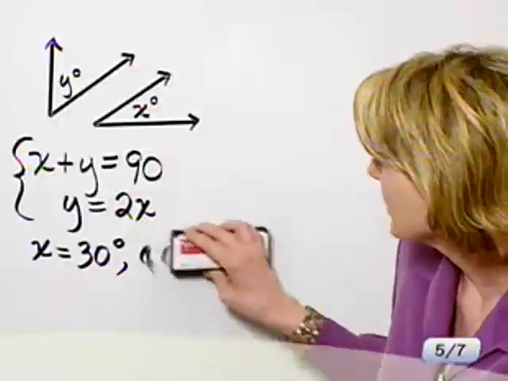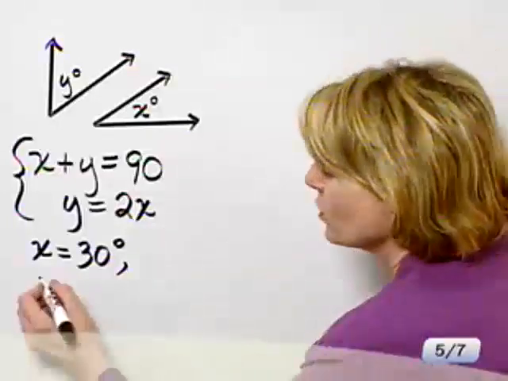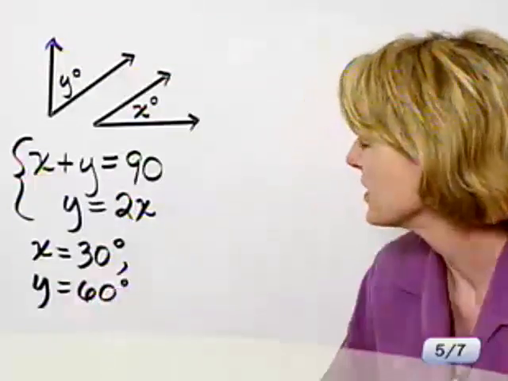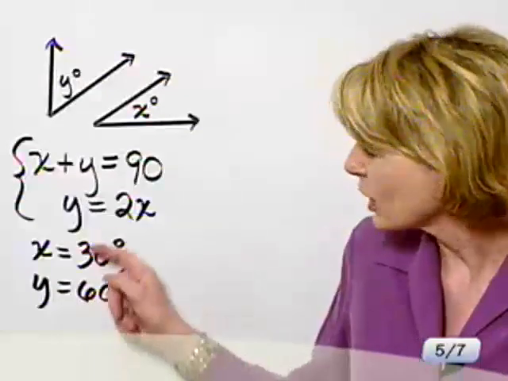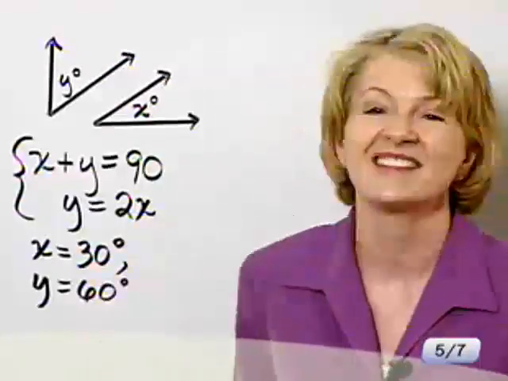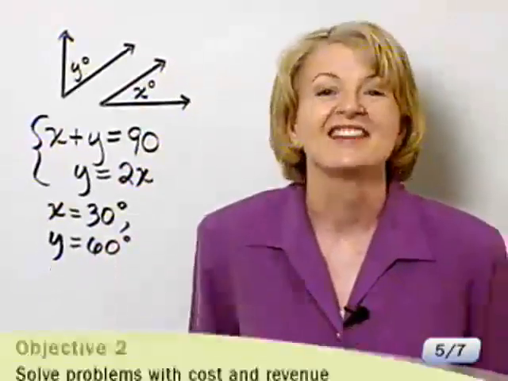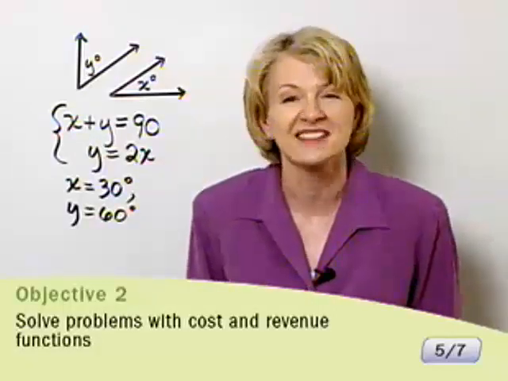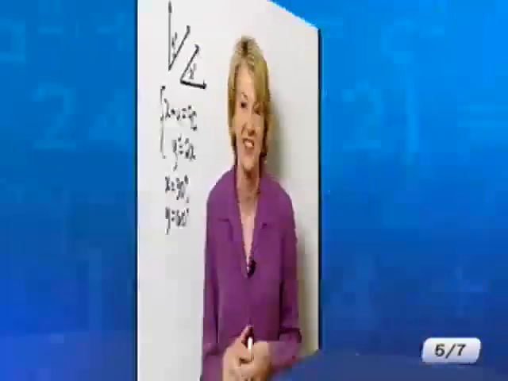Let me go ahead and write that down for y then. y is 60 degrees. And you can check, these are complementary, their sum is 90 degrees, and this angle is twice this angle. At this time, practice solving applications that are modeled by systems of equations.